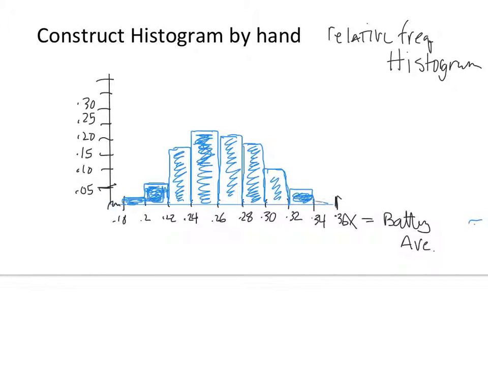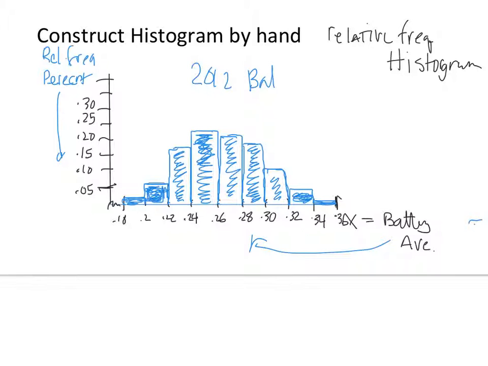It's like less than one. There's just a few. In fact, there was only one person that fits that bill. So this is my percent, or actually in this case, it's the relative frequency on this side here, and over here is batting averages, right? 2012 batting averages. Okay, so that's the end of this problem.